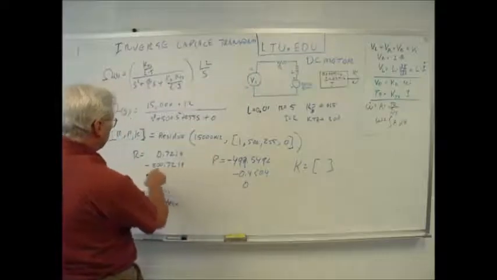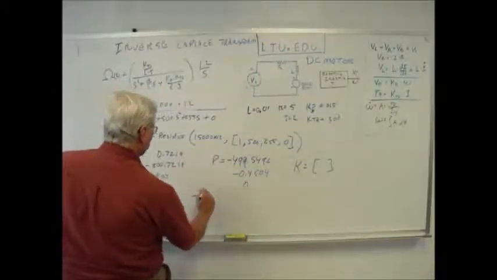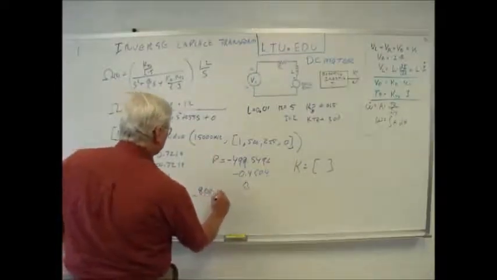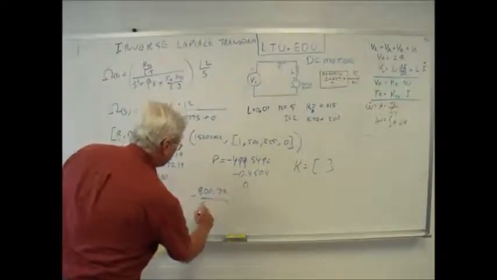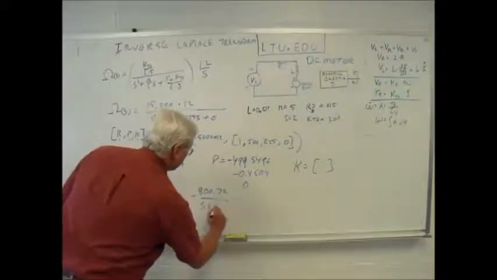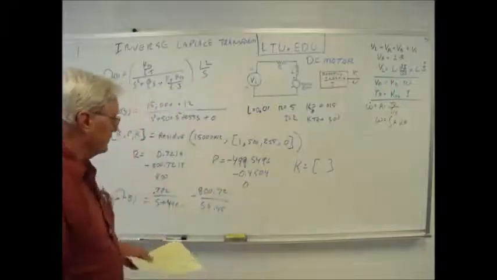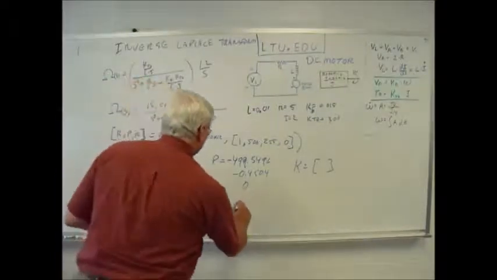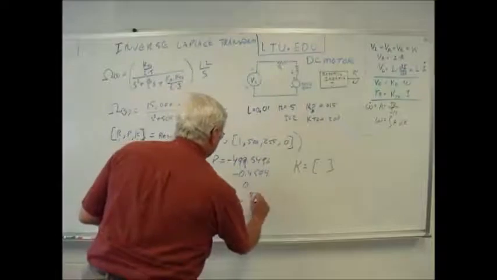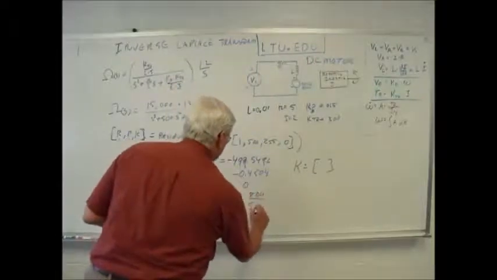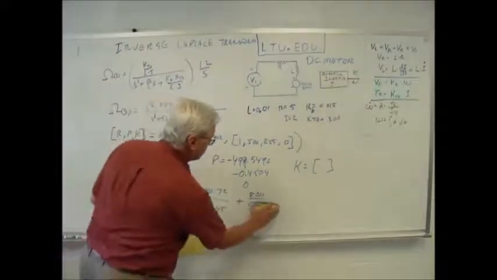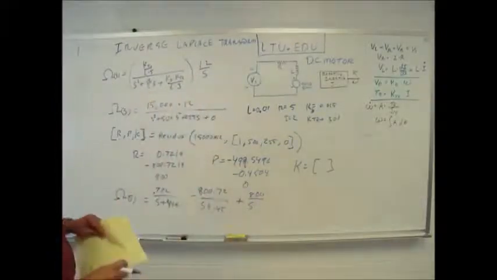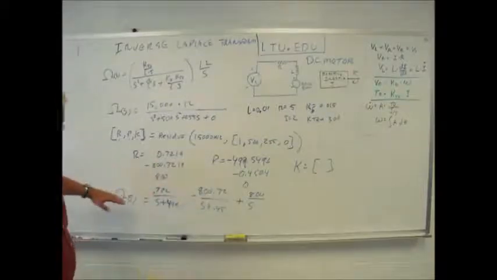My second term, I have minus 800.72 all over s plus 0.45, and I'm leaving some decimal points off here. The third one, I have plus 800 over s plus 0. So that's my partial fraction expansion.